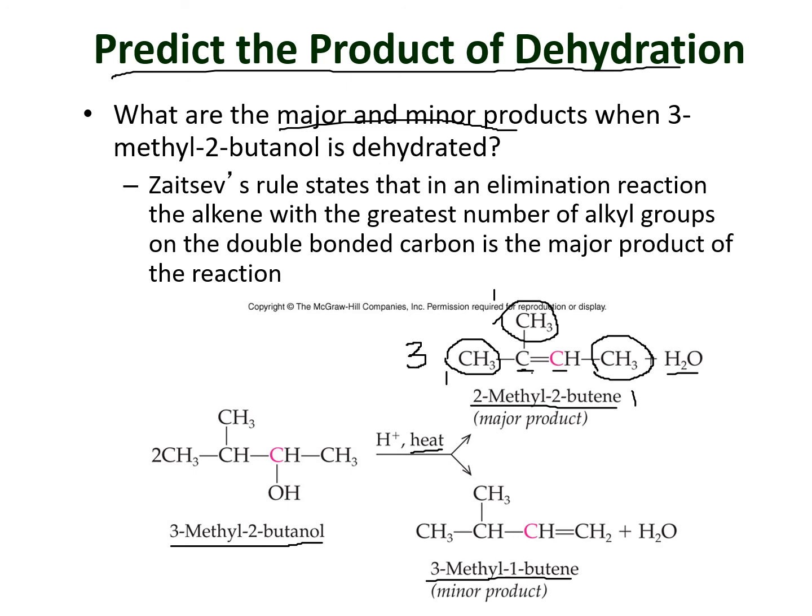Whereas in this one, here is the double bond between these 2 carbons. The carbon on the right does not have any alkyl group attached to it, whereas the left one has got 1 alkyl group, which in this case is the bigger one, the propyl group, but it's only 1. Therefore this is the minor product, and the other is the major product, with more alkyl groups attached at the double bond.